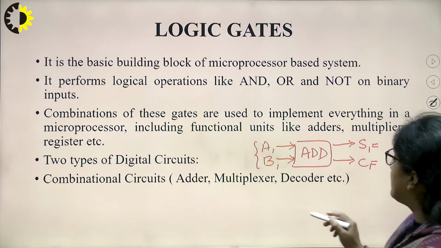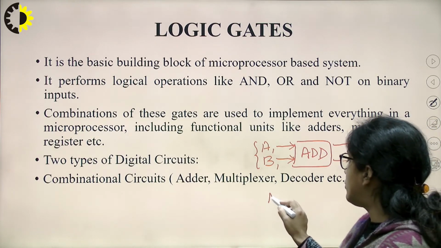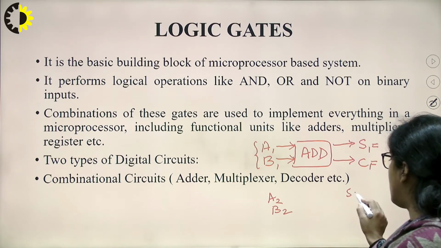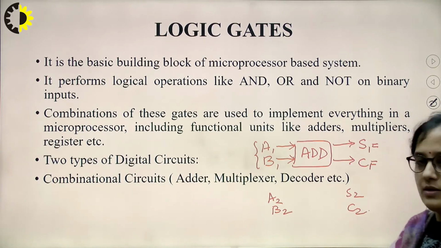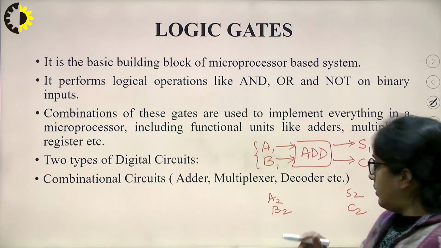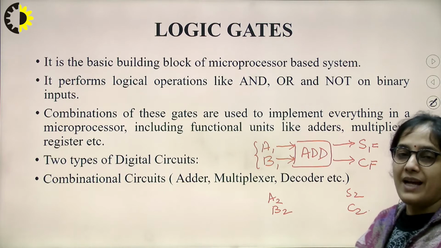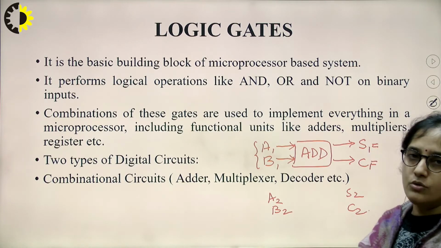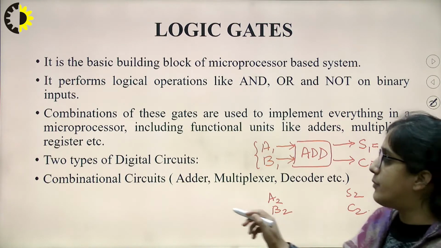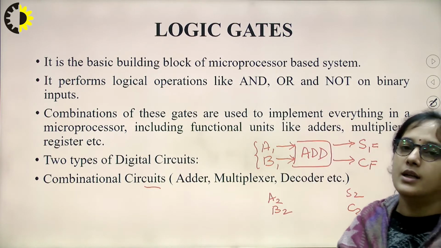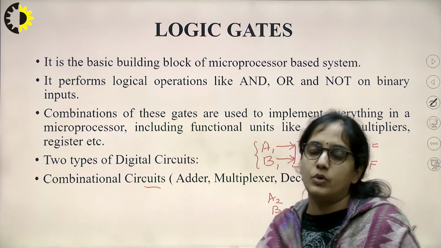Now we change the input, apply A2 and B2, and obtain S2 and C2 as output. This S2 and C2 does not depend on whatever was applied earlier to A2 and B2. So this type of circuit is known as a combinational circuit: the output depends on the present input only.